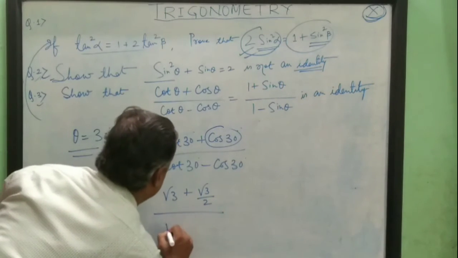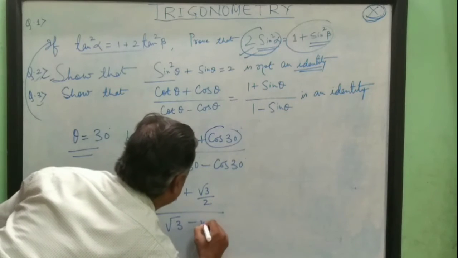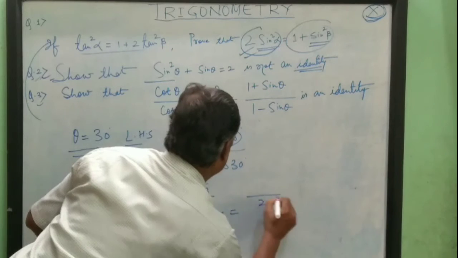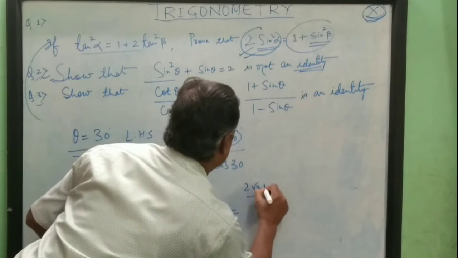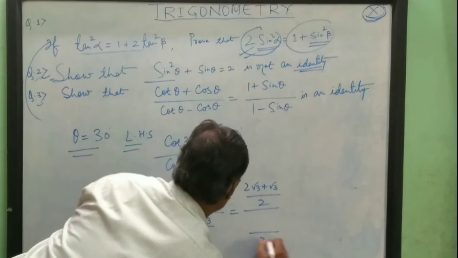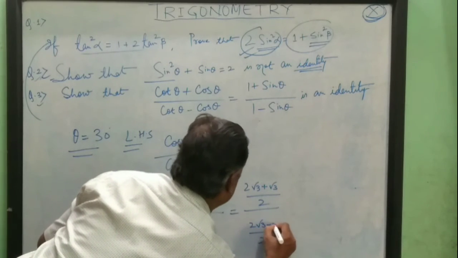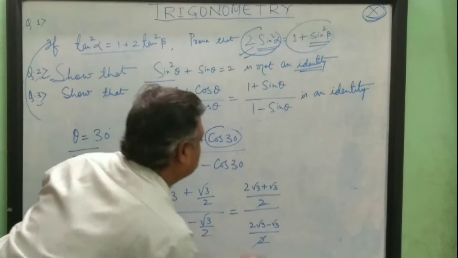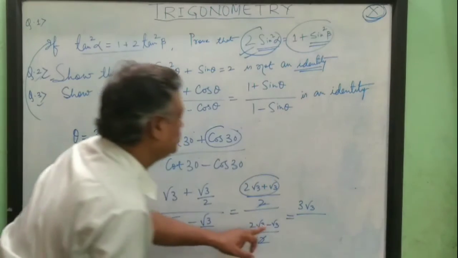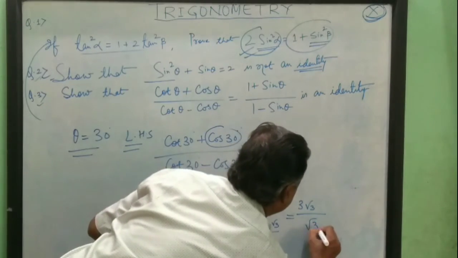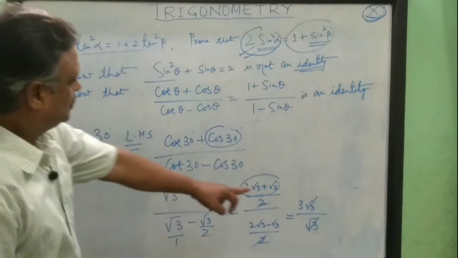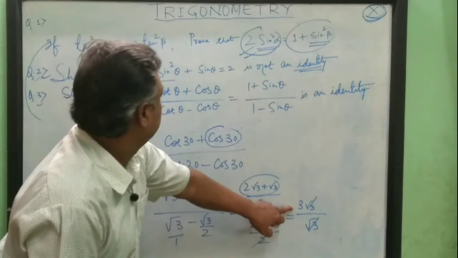And here root 3 minus root 3 by 2. So we get LCM 2: 2 root 3 plus root 3. Again here LCM is 2, so the 2 cancels. So 2 root 3 plus root 3 is 3 root 3, and 2 root 3 minus root 3 is root 3. Root 3 is cancelled by root 3. So the value is 3.